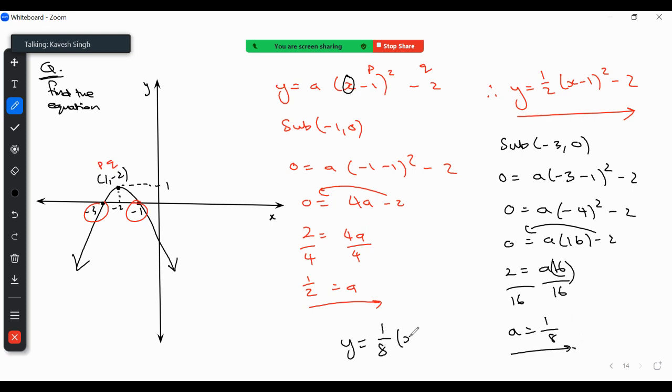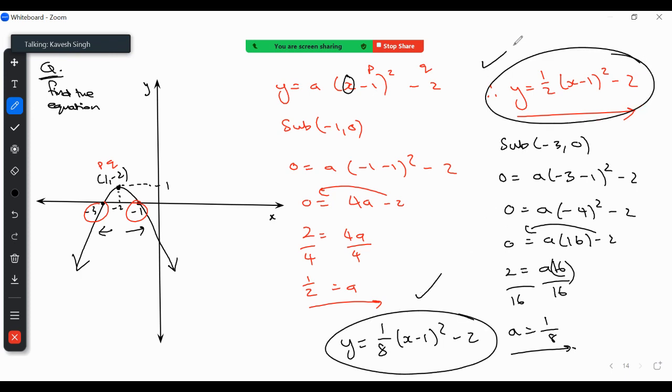So why would this equation be different to that equation? Have we drawn this correctly? And that's the question. This is 1 unit this way, this is 1 unit this way. That's the turning point. So maybe we got two possible equations, and they're both right.